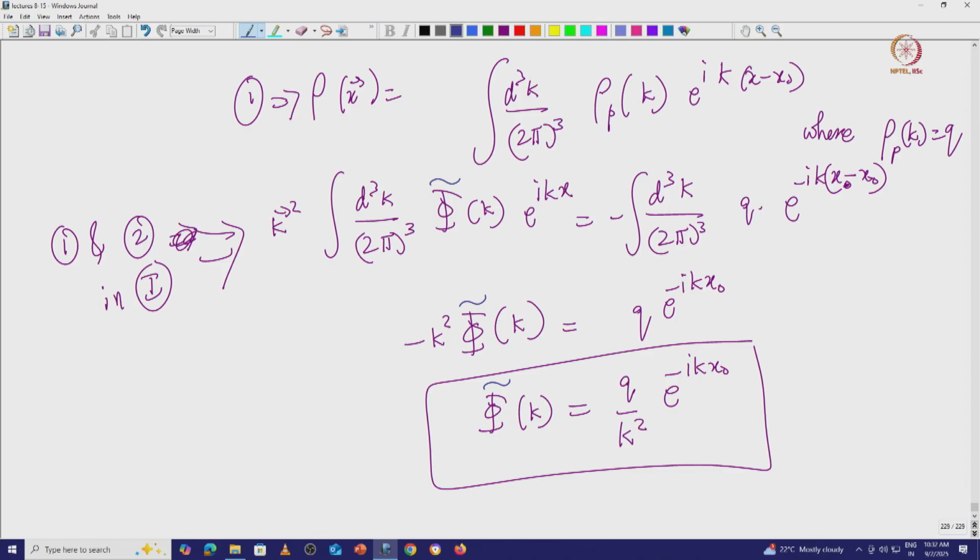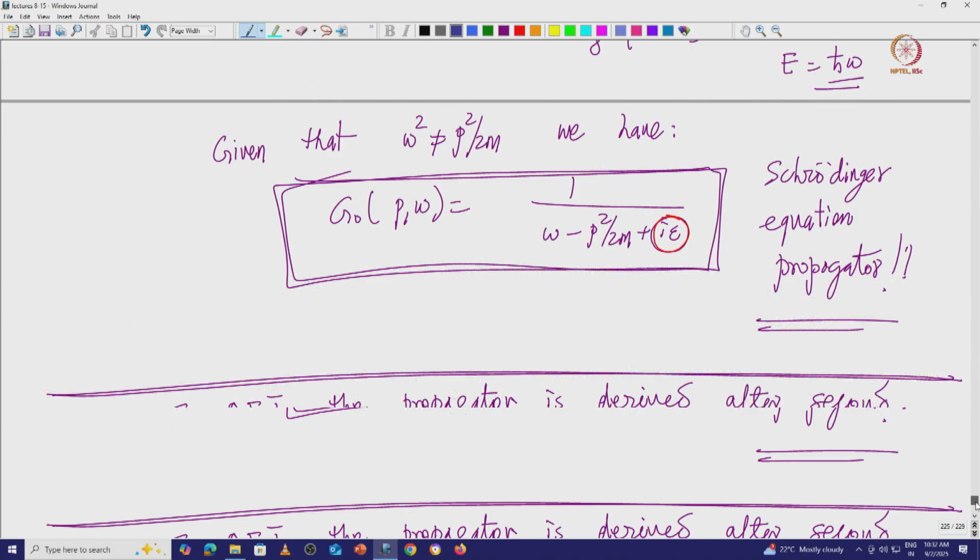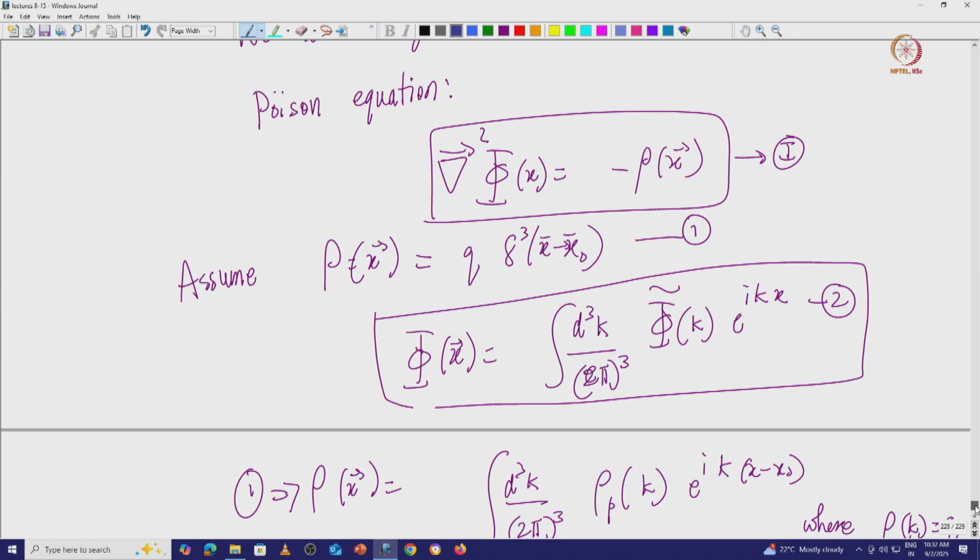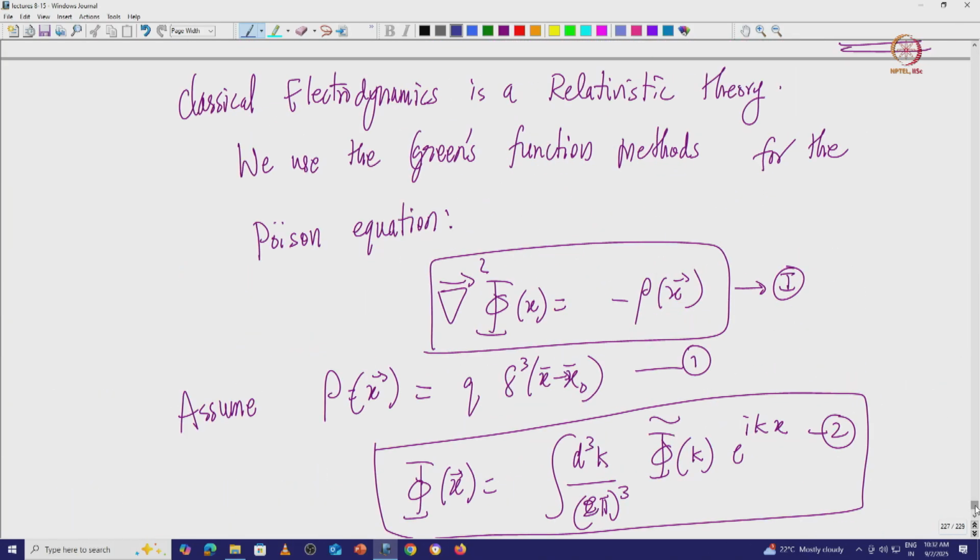Now I know what is phi tilde in this relation in 2.